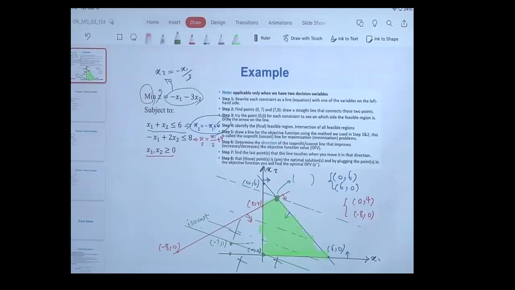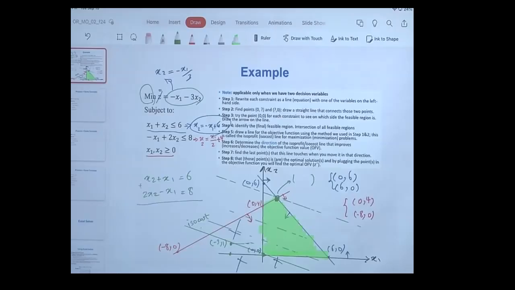To find them, you write both constraints as a system of equations: minus x1 plus 2x2 equals 8, and x1 plus x2 equals 0... for the second constraint.